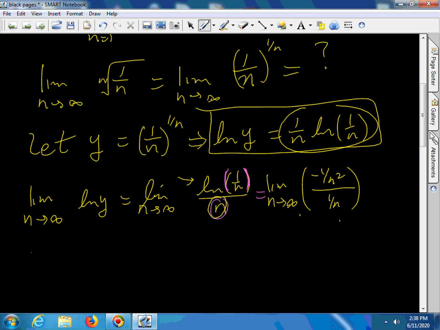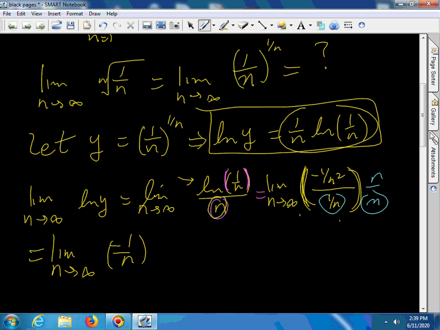So let's clean up that fraction. This becomes negative 1 over n. What's in here is negative 1 over n. And basically, if we multiply top and bottom by 1 as n over n, this times this is 1. And like I said, don't bother dividing by 1.